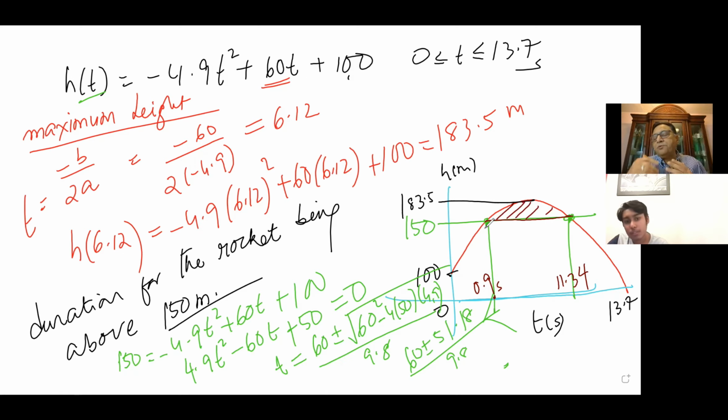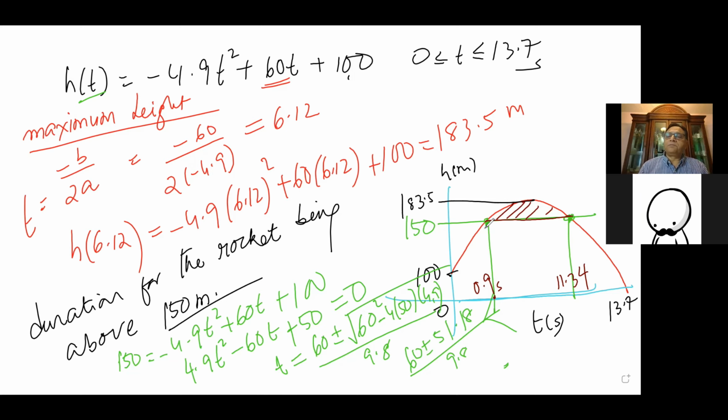So these are the type of questions which we expect from parabolic path applications. Is that clear to you? So the beauty was that we actually derived the formula, right?